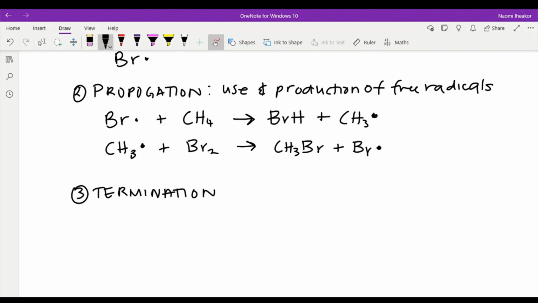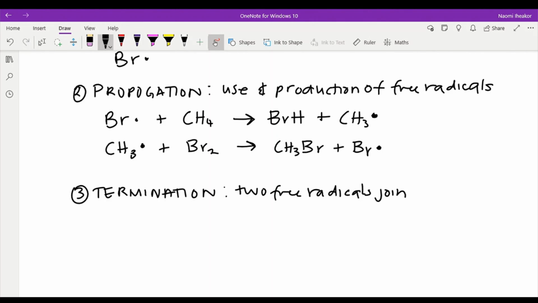In this phase, we have two free radicals reacting together. When these two free radicals react together, it cancels out the free radicals and we terminate our free radicals.